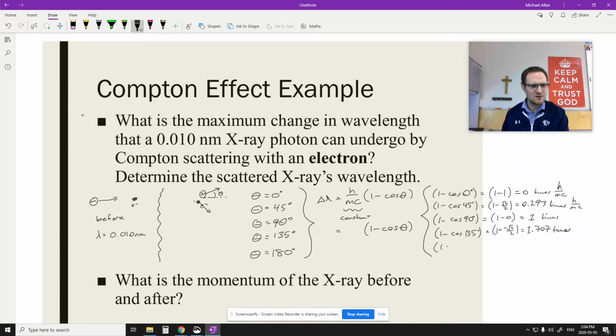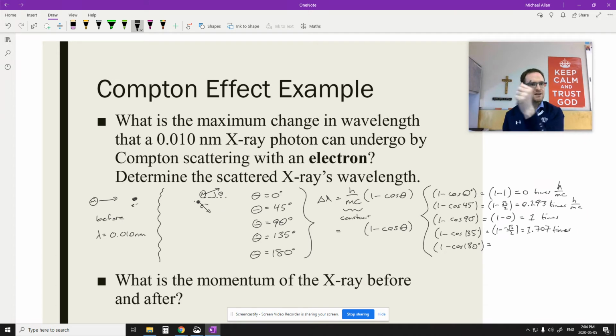Now let's do the last one here. Cos 180. This one scatters right back. It makes sense that this would be the largest amount because it hits and then goes straight back. Conservation of momentum says that I have momentum in the positive direction, then it scatters back in the negative direction. If I had positive to start off with, I need positive to end up with as well.